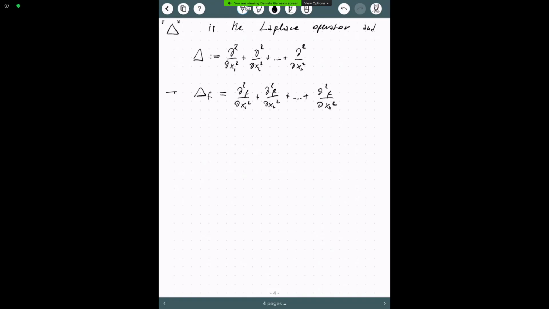Okay, so given that, we want to prove that f of x, y, now we are in the case in which n is equal to 2, so we are in the plane.